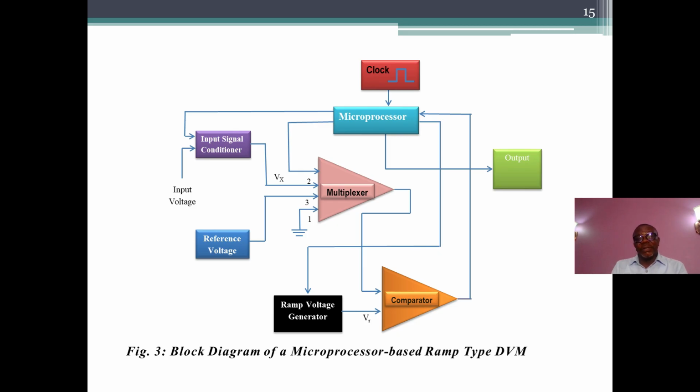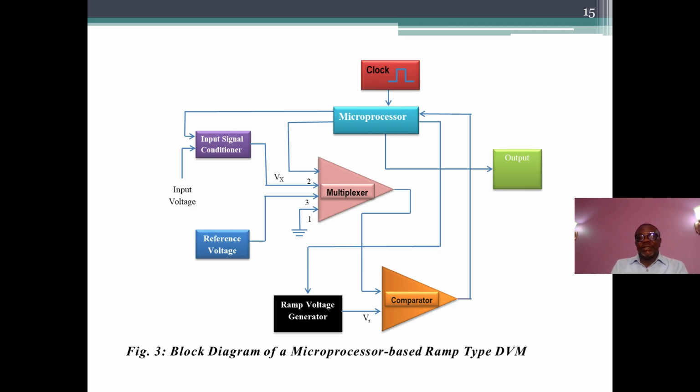And multiplexers concentrate so many inputs into one output. So you see, there are inputs to the multiplexers and one output. Now, the microprocessor receiving the clock signal will also feed that clock signal to the ramp voltage generator.